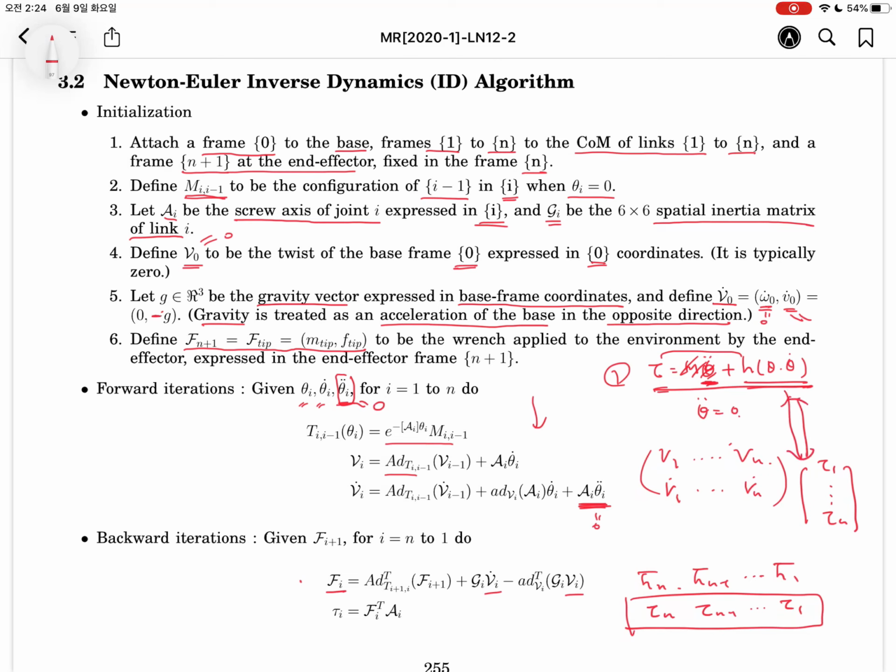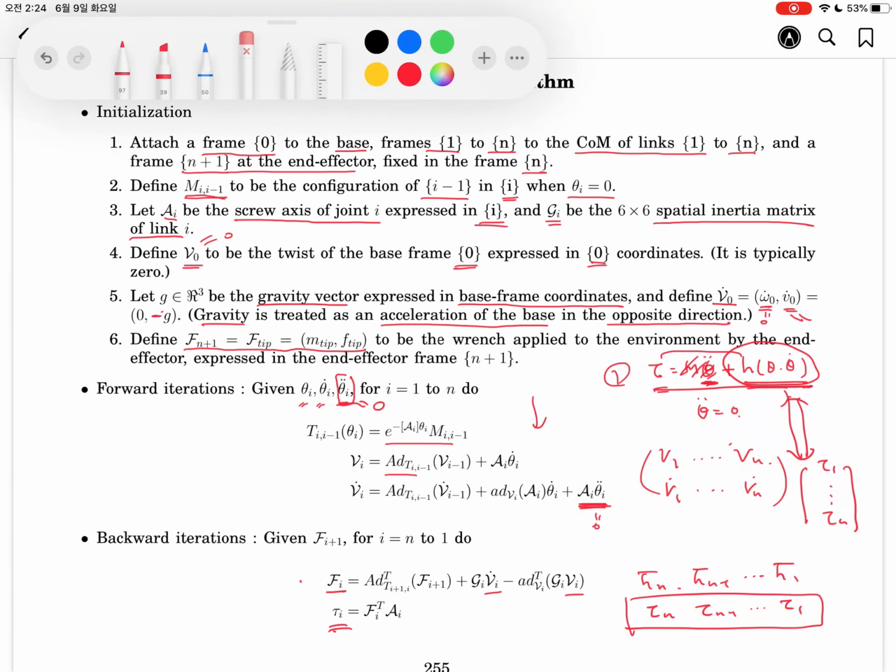Like this, just one forward iteration and subsequent backward iteration, the result will be the tau. It corresponds to the h vector. So it's a very efficient way to obtain h. Okay, let's obtain the inertia matrix. Okay, one more.